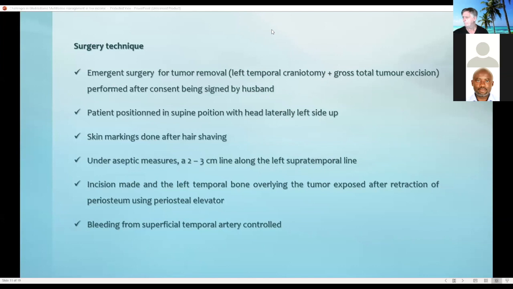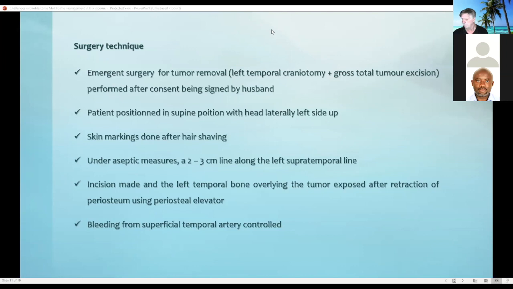It was a left temporal craniotomy we did, and gross total tumor excision, after taking the consent from the husband, because the wife was not competent to give consent. For the technique we used, the patient was positioned in supine position with the head turned laterally, left side up, because we were about to work in that region.